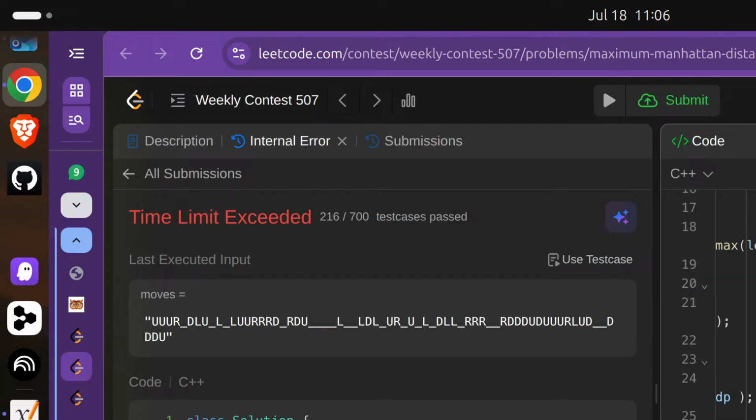What I will do is I will have this offset n also.